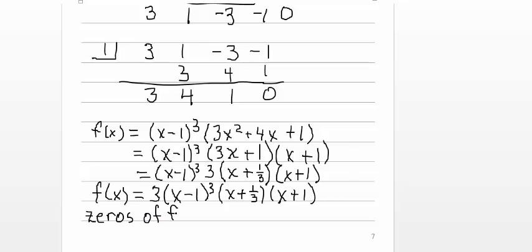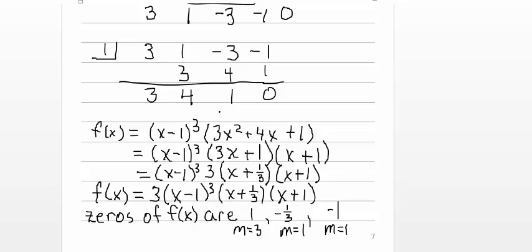And notice the zeros of this polynomial are 1, which has a multiplicity 3. The power on the factor that gives me that 0 is 3. The next 0 is negative 1/3. That has multiplicity 1. And the third 0 is negative 1. And that has multiplicity 1.